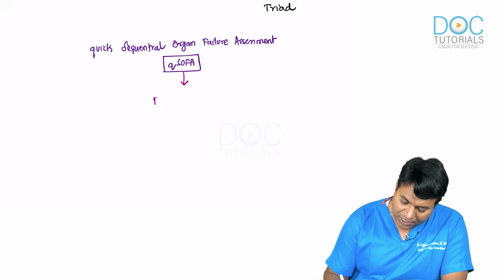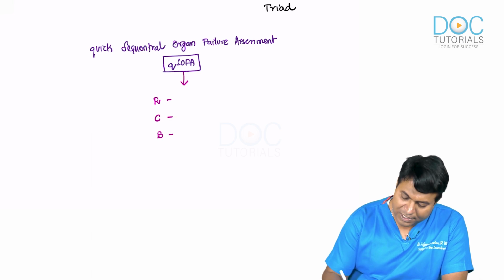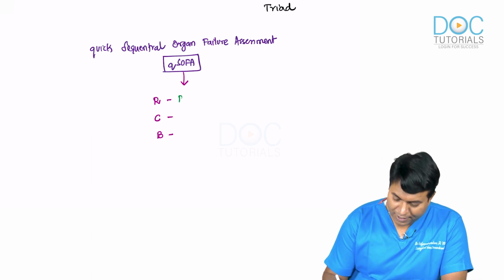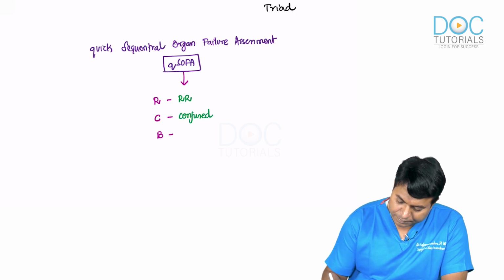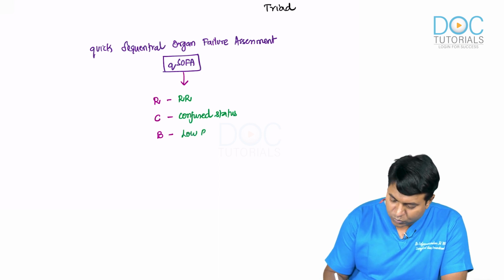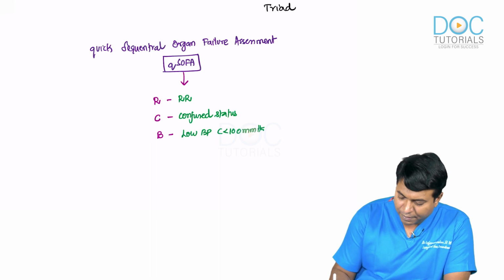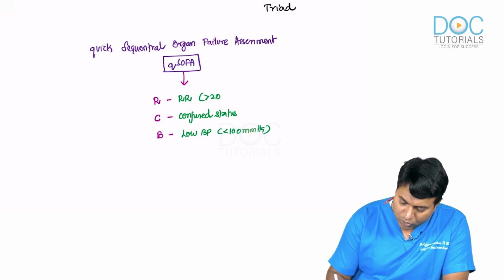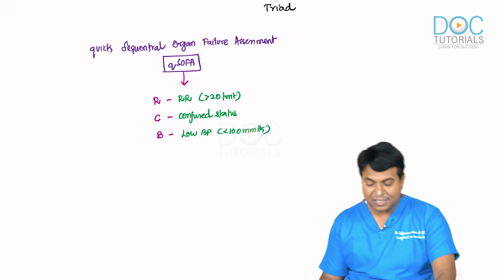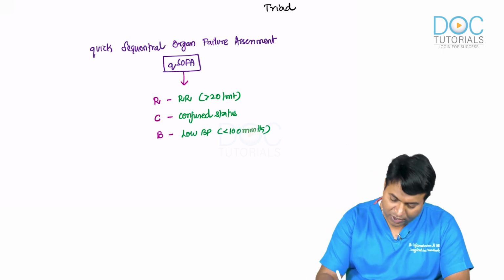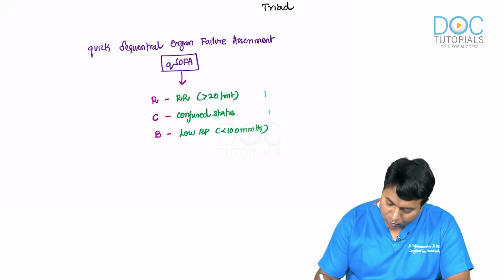This is based on three factors. The mnemonic is Royal Challengers Bangalore: respiratory rate, confused status, and low BP. So, BP less than 100 millimeters mercury systolic, respiratory rate more than 20 per minute, and altered sensorium, each given 1 point.